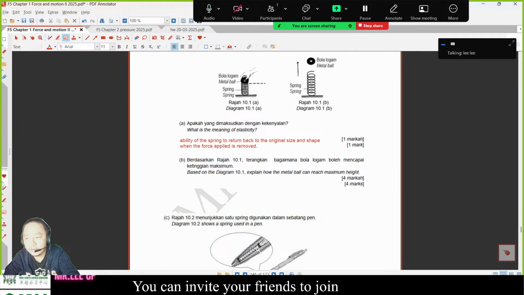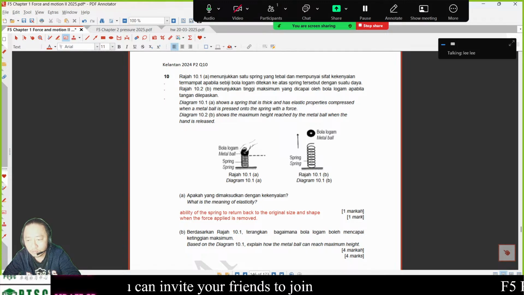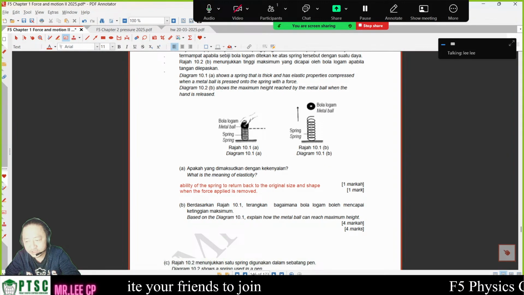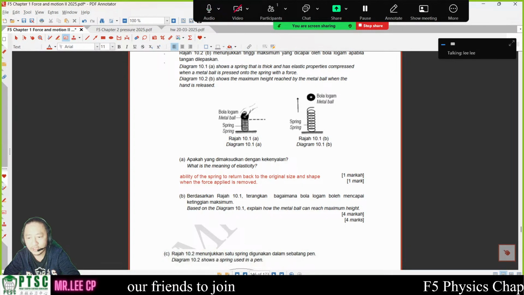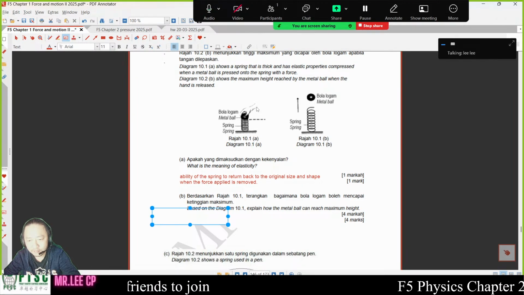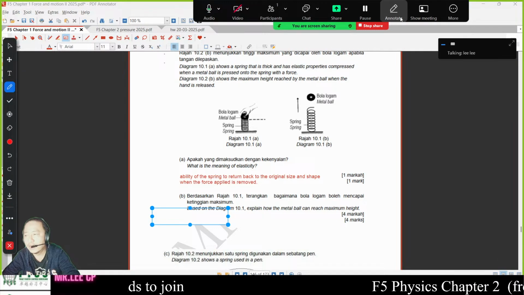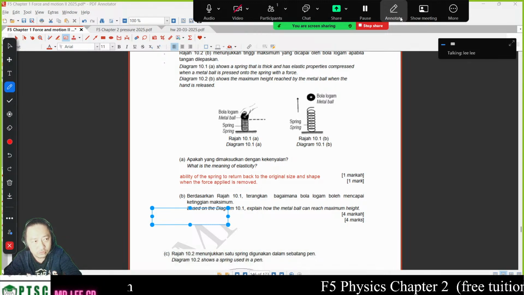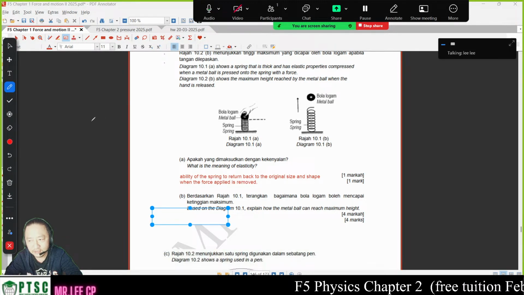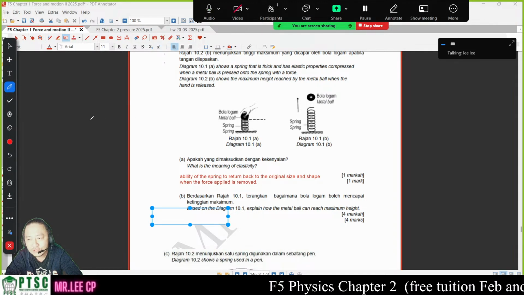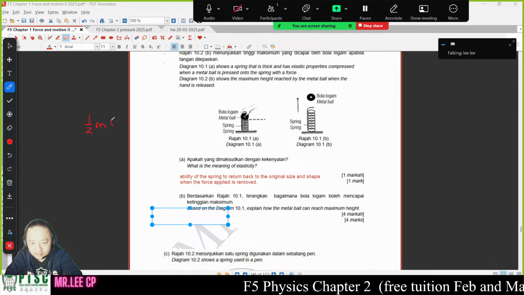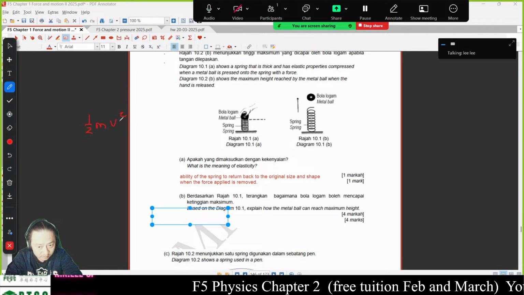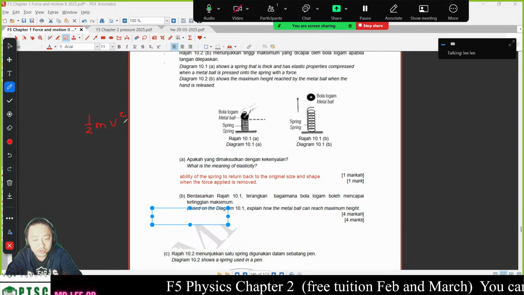Now, based on 10.1 A and B, explain how the metal ball can reach the maximum height. You want it to reach the maximum height, so you have to go for maximum kinetic energy, half mv squared.